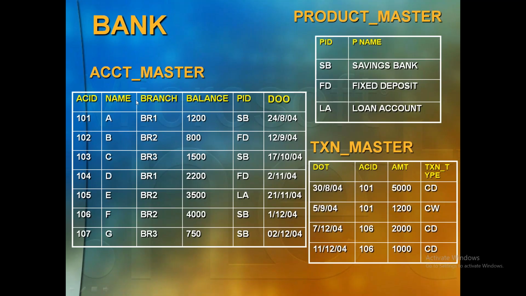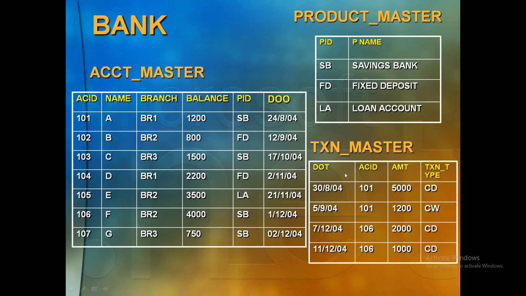Now, I have an account master table, a product master table, and a transaction master table. So far we were retrieving data from only one table. But if you have a lot of tables like this, the account master table has account and customer data, and one customer is going to do a lot of transactions. After opening an account, what do I do?